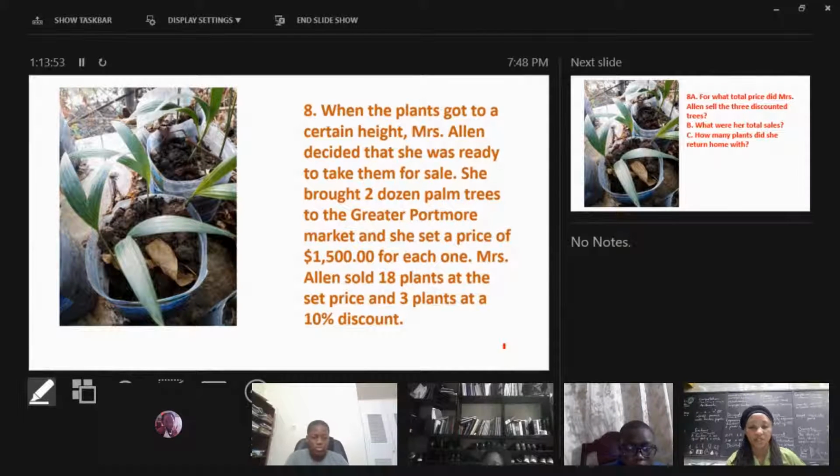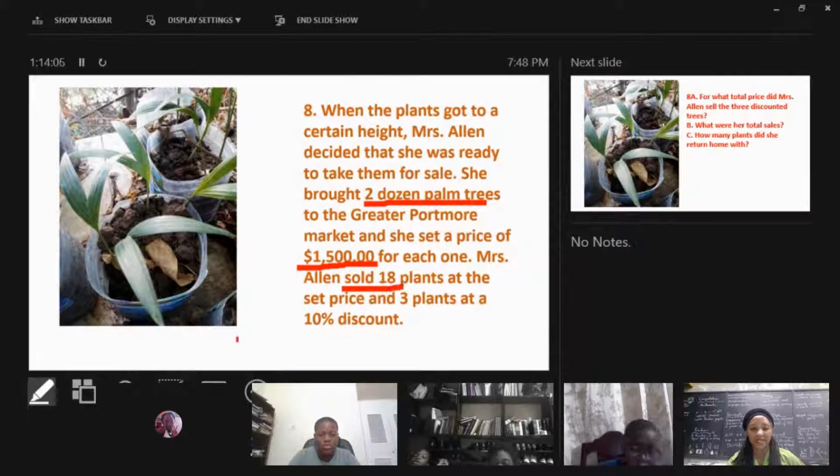All right, so jot down those figures for me, guys. What are the important figures there? 2 dozen palm trees she brought, $1,500 each. She sold 18 at the regular price and 3 at 10% discount. Jot down those prices.